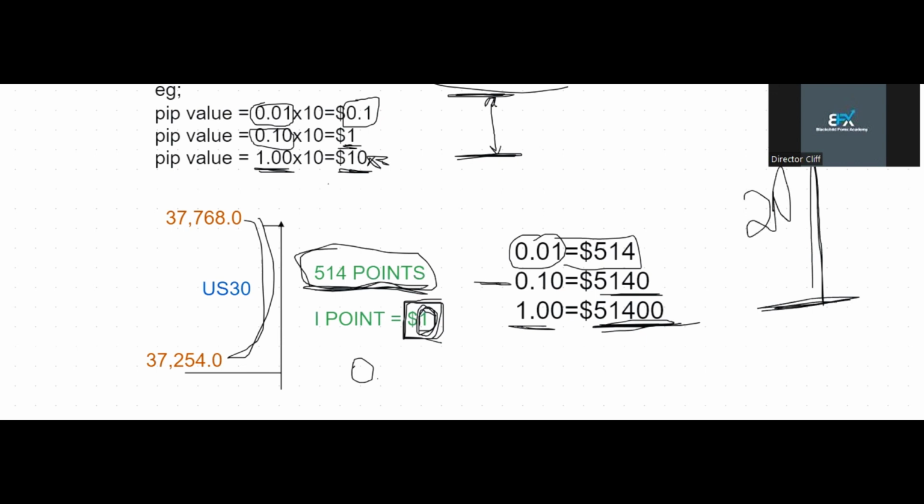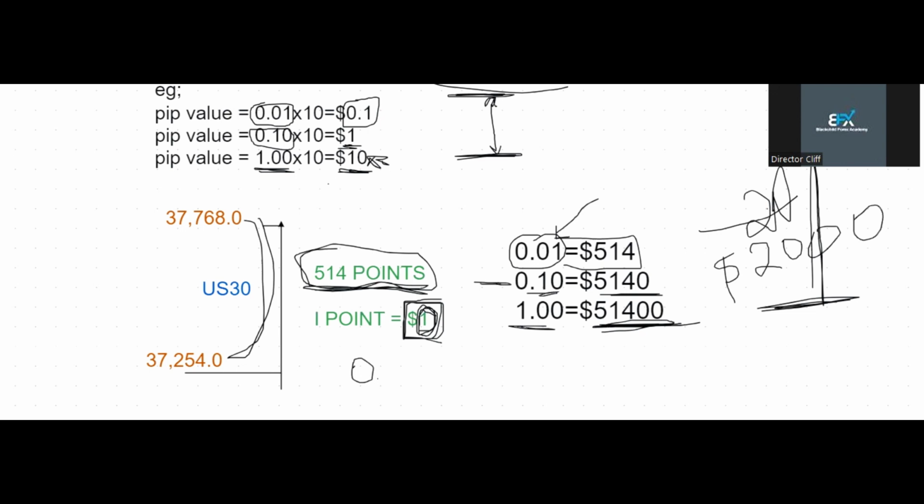And if you use the smallest lot size, which is 0.01, that is how much money you're going to make. If you find like 20 points, it means you're going to make $20 on that particular trade using the smallest lot size. But if you use the macro lot size, you're going to make 200 on that movement. If you're going to use standard lot size, you're going to make 2,000 on that particular trade. I think I've made myself clear.